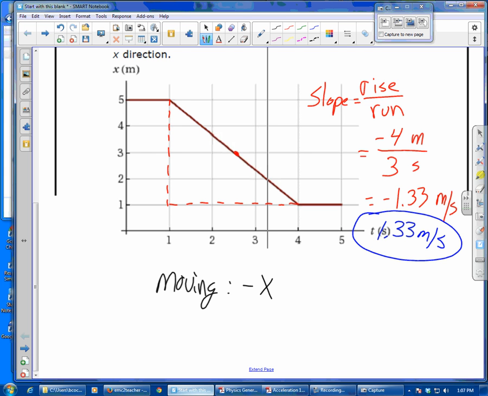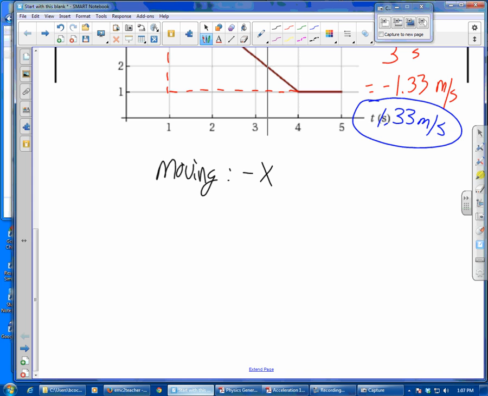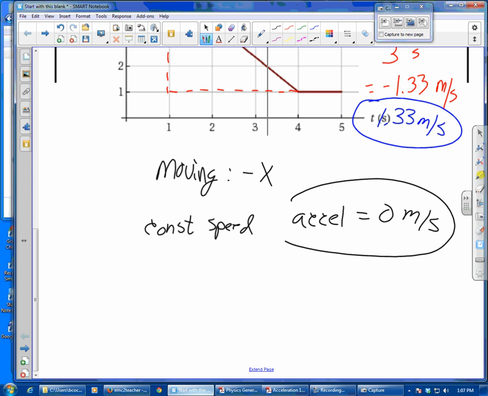How much is it changing? It's not. So what's the acceleration? 0. So constant speed. And I can tell that because this line is straight. Acceleration equals 0 meters per second squared. Wow, we're just cranking.